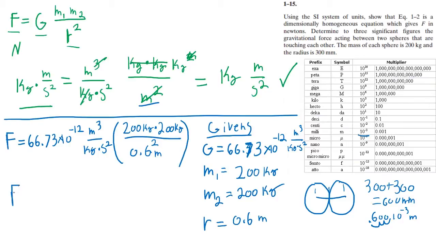All you have to do is plug that in your calculator. So F equals 7.41 times 10 to the negative 6 newtons.